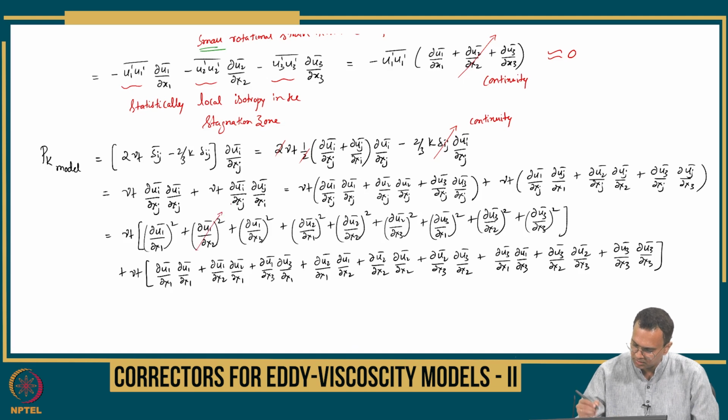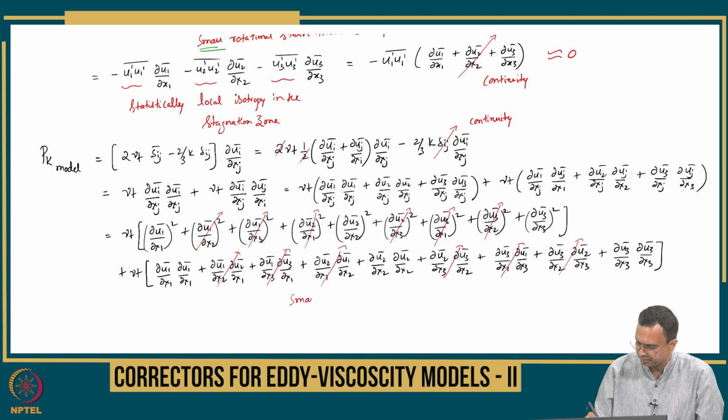This one, all the rotational strain, u2 x3, u3 x1, u3 x2, right, and then this survives. You have this, okay, it is small rotational strain.